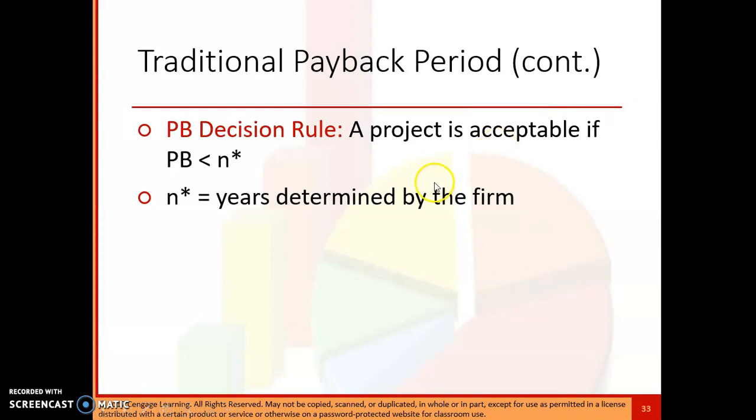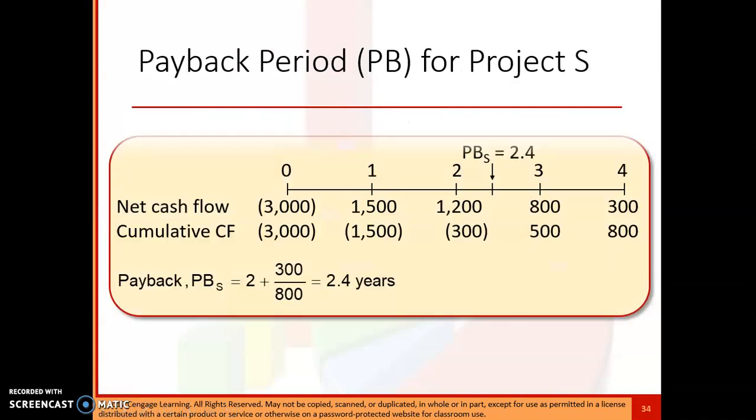So traditional payback period, the decision rule: a project is acceptable if the payback period is less than N star, and that's the number of years determined by the firm.